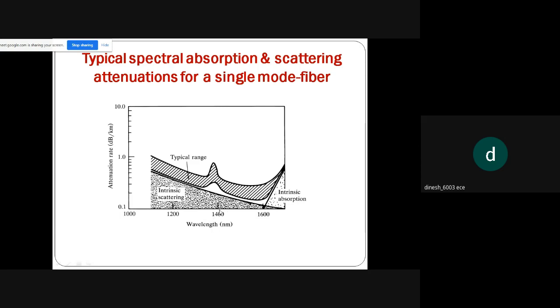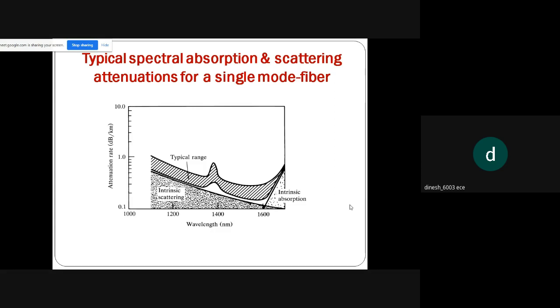And at around 1400 nanometer, it is 0.2. And you can see that at around 1550 or 1600, it is nearly 0.15 decibels per kilometer, the intrinsic scattering. And beyond 1600 nanometer, we don't get intrinsic scattering. In turn, we get intrinsic absorption.